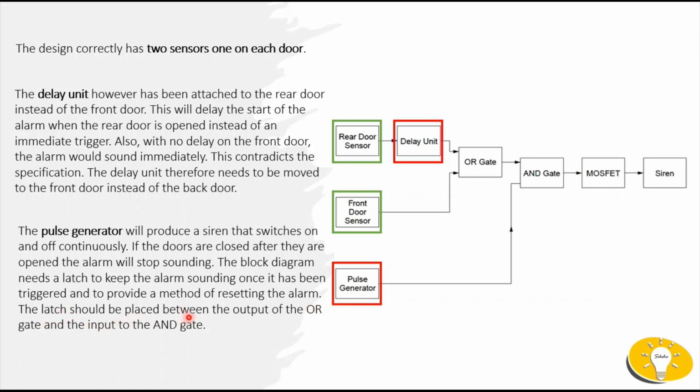The latch should be placed between the output of the OR gate, right here, and the input of the AND gate. So between the OR and the AND gate, a latch should be connected.